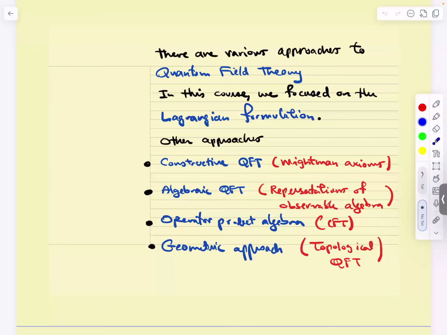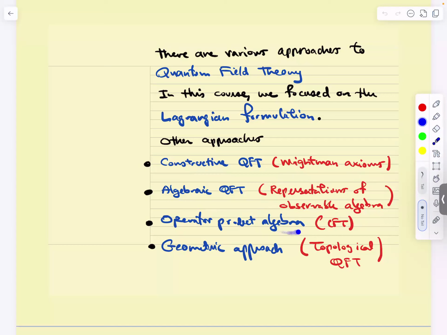There are various approaches to quantum field theory. In this course, we focus on the Lagrangian formulation, but just so that you know, we discussed this very briefly last time as well. Other approaches to have in mind are constructive field theory, which is the story of Wightman axioms. This is another way of approaching quantum field theory. There is the approach of algebraic quantum field theory, which is the discussion of representation of observable algebras. We discussed this a little bit last semester.